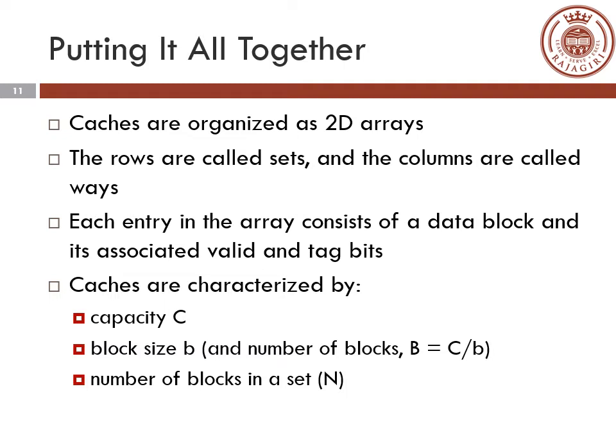The rows are known as the sets and the columns are known as ways. Now you have the valid bit, the tag bits, and the data block, a single word in a block or multiple words in a block. That gives you the block size. We have seen the capacity, the block size, the number of blocks, and the value N.